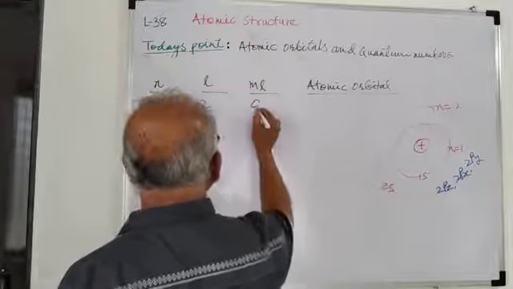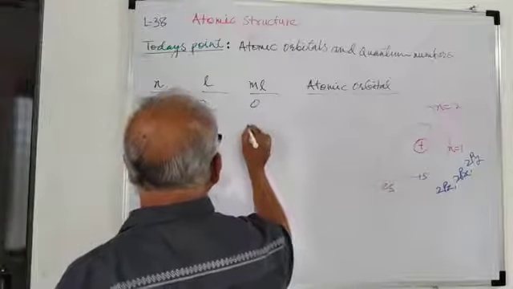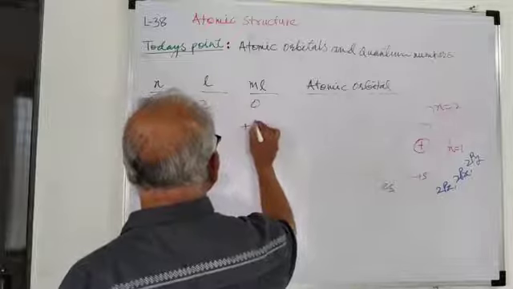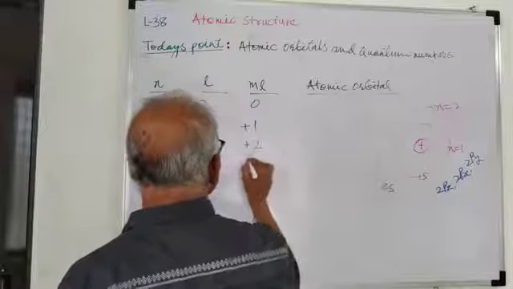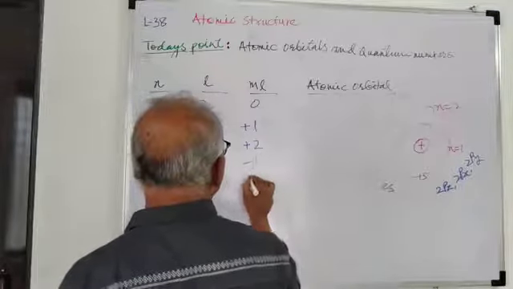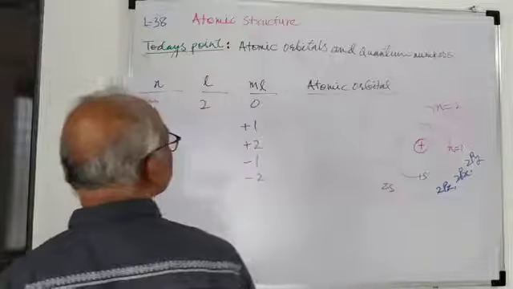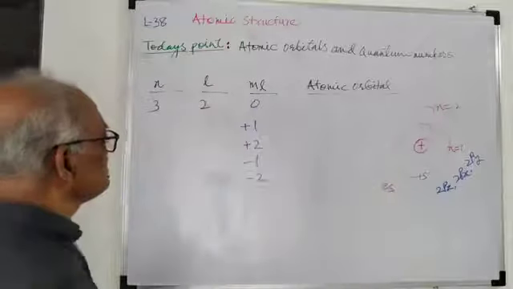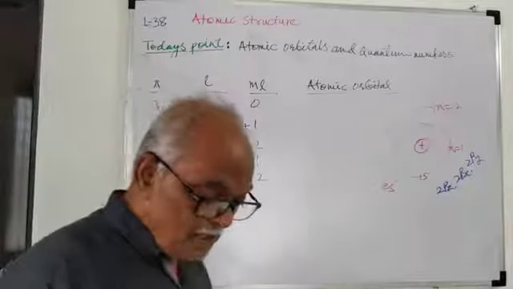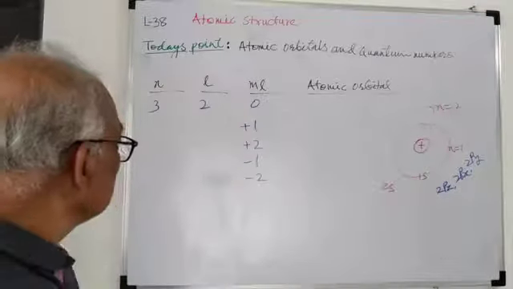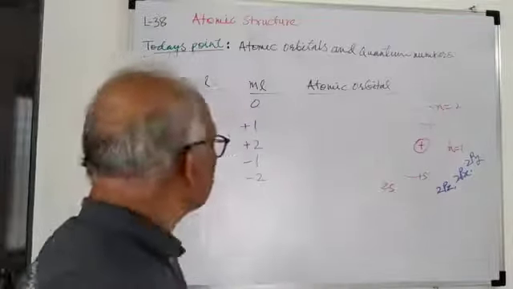So this is where ml is 0. Then it will have plus 1, plus 2, minus 1 and minus 2. So we can show their atomic orbitals.